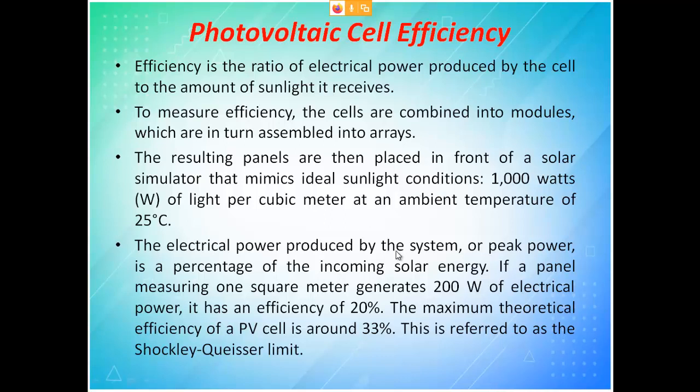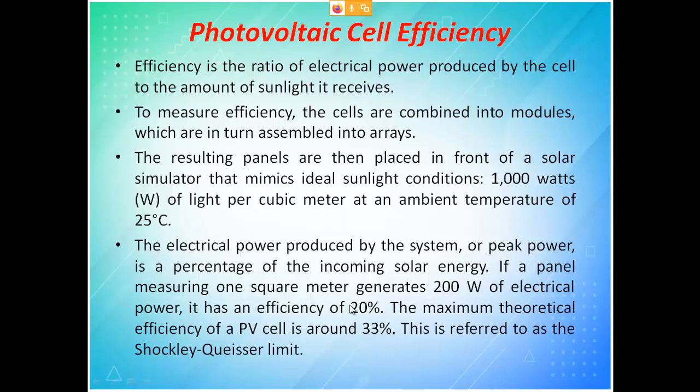Okay, the electric power produced by the system, or peak power, is a percentage of incoming solar energy. So you have told 1000, and if the panel measuring 1 square meter generates 200 watts, then input is 1000, what you are able to generate is 200 watts, so the efficiency is 20%.